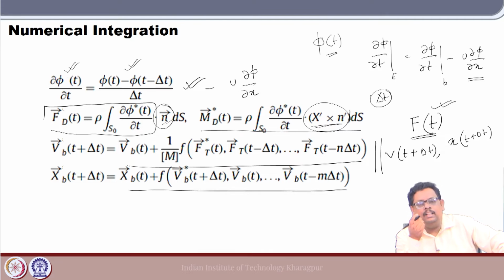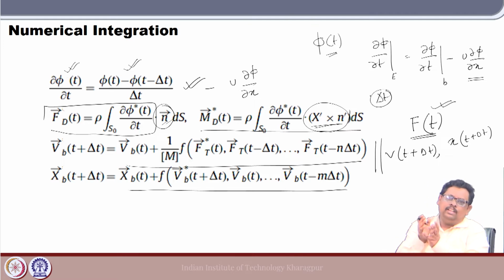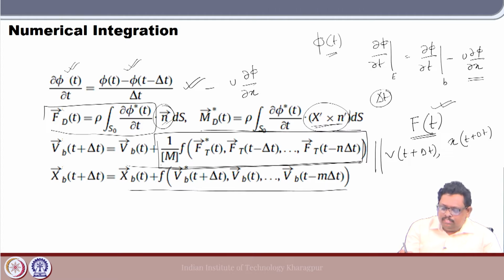However, an Adams-Moulton predictor-corrector scheme is available, or the Runge-Kutta scheme is also available. You can use any such scheme to find the velocity and the displacement in the next time step. After almost 45 classes, we should not ask what I wrote here.